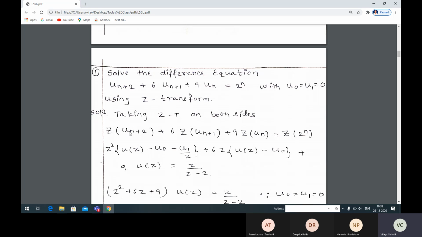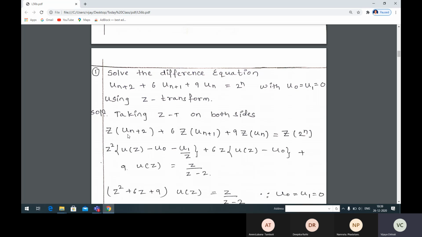Z transform of u suffix n plus 2 plus 6 Z transform of u suffix n plus 1 plus 9 Z transform of un is equal to Z transform of 2 raised to n. We know the Z transform of u suffix n plus 2 and of u suffix n plus 1, so substitute.